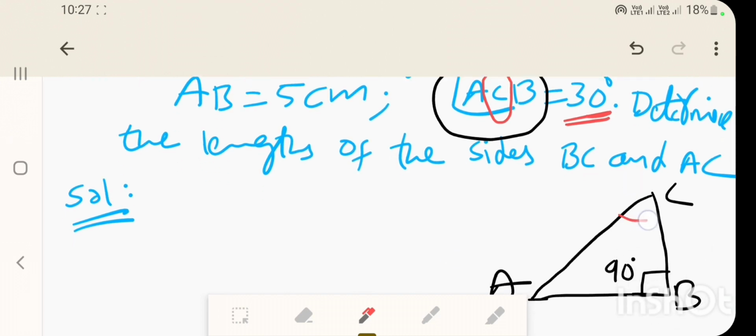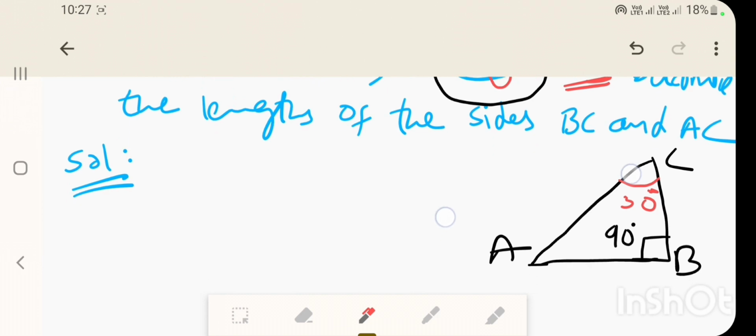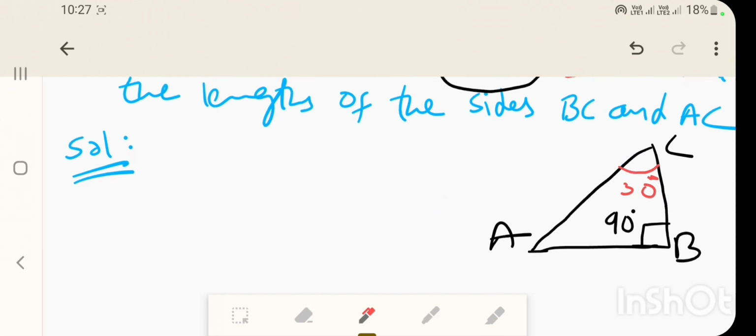You can write it like this, or A, B, C, that is your wish.